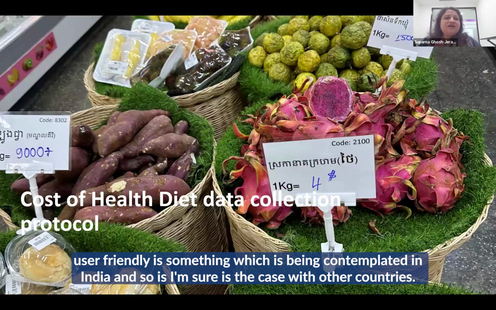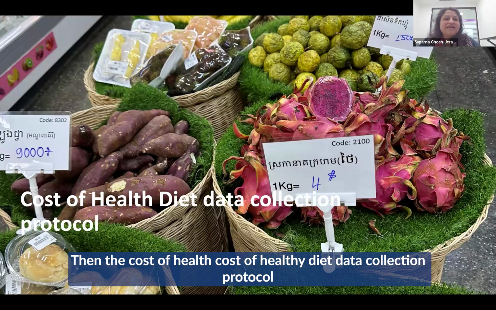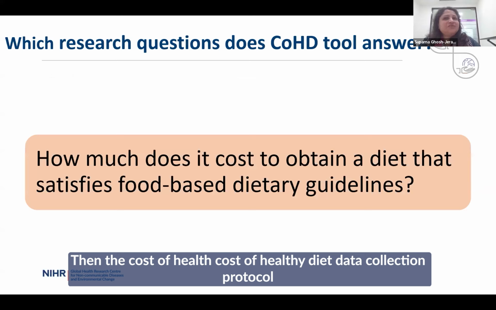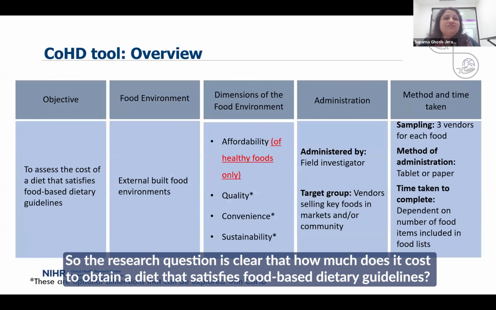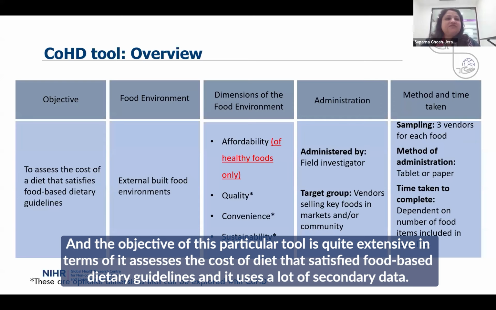Then the cost of healthy diet data collection protocol. So the research question is clear: how much does it cost to obtain a diet that satisfies food-based dietary guidelines? The objective of this particular tool is quite extensive in terms of it assesses the cost of diet that satisfies food-based dietary guidelines, and it uses a lot of secondary data.